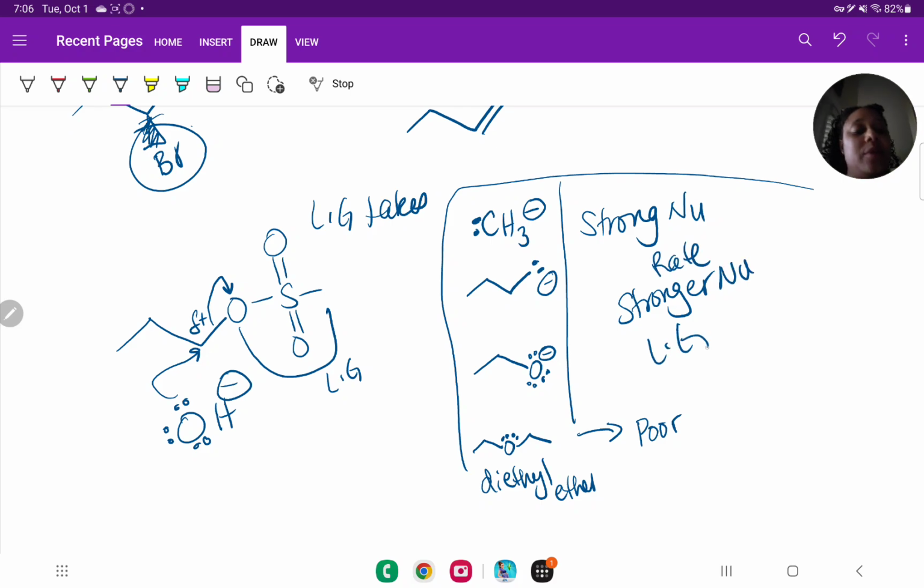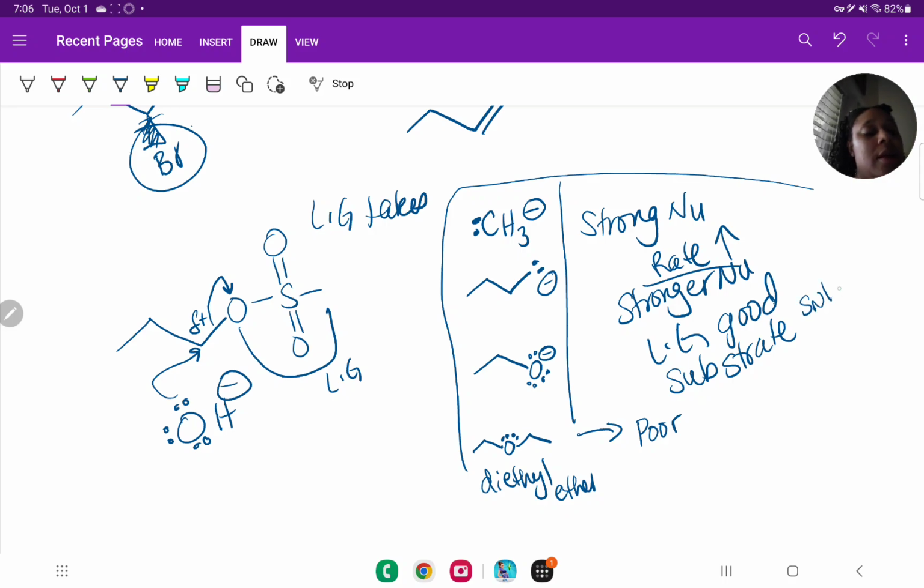The rate also improves if my leaving group is good, and if my substrate will react in that type of reaction. So for example, an SN1 needs a carbocation to form, and because it needs a carbocation to form, we're going to be primarily seeing things like tertiary carbocations forming, secondary, allylic or benzylic.